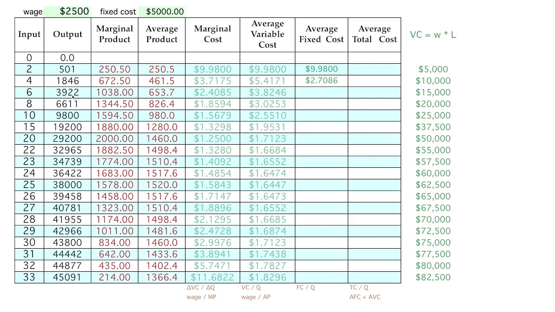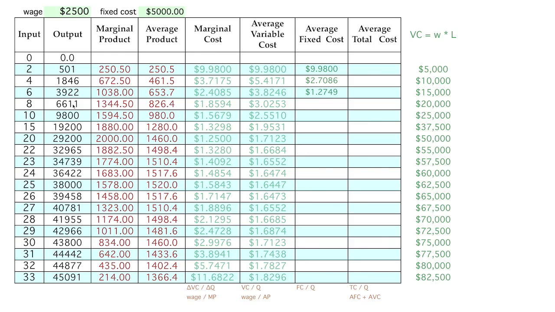When you're making 3,922 units of output on this line of the table here, then your average fixed cost is 5,000 divided by 3,922. So that's going to give you 1.2749.